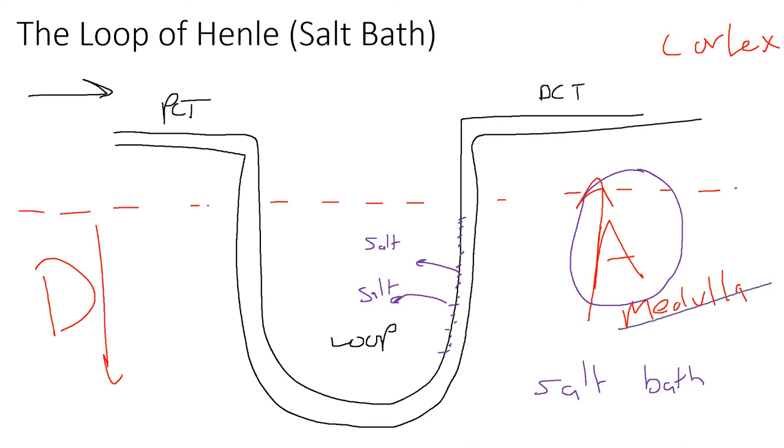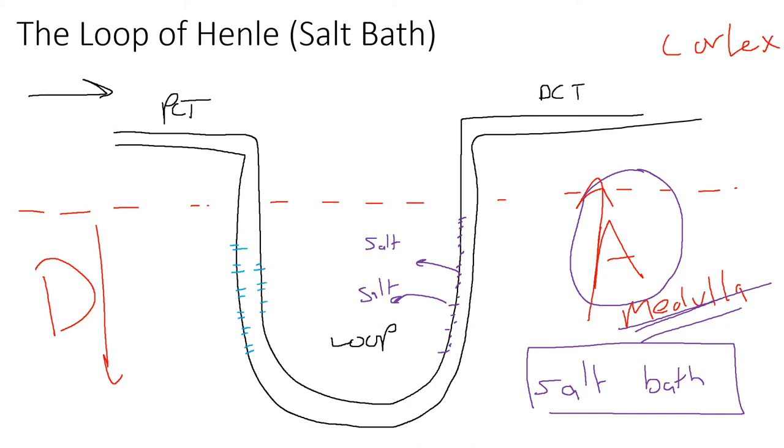So the medulla is super salty, and I seem to remember reading that the medulla is something like 5 times saltier than seawater. So you can imagine how salty that's going to be. Now the reason why it does that is because on the descending portion, the cells have lots of aquaporins in their membrane.